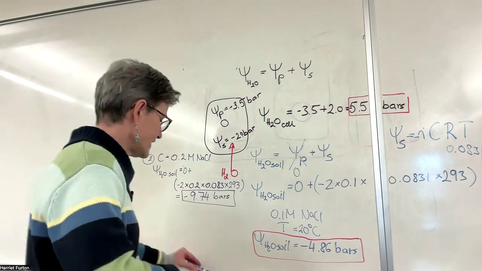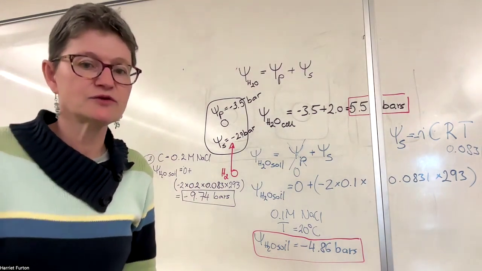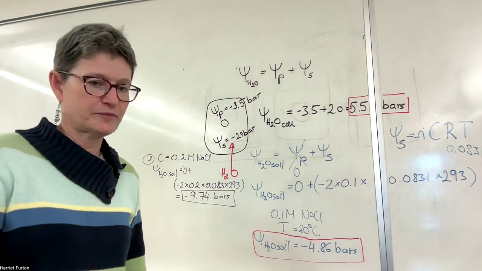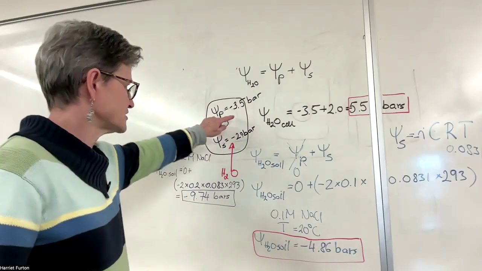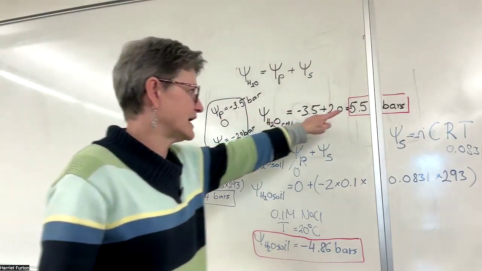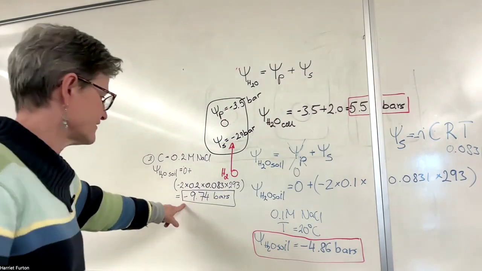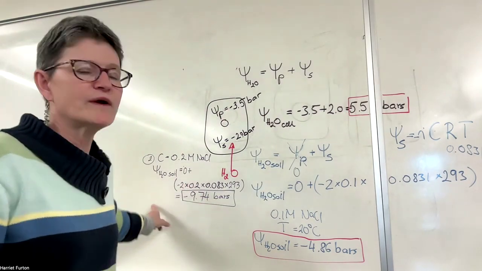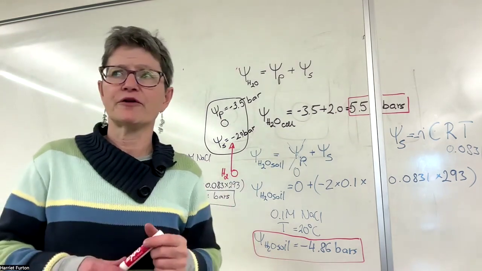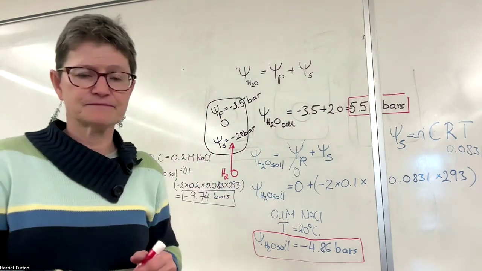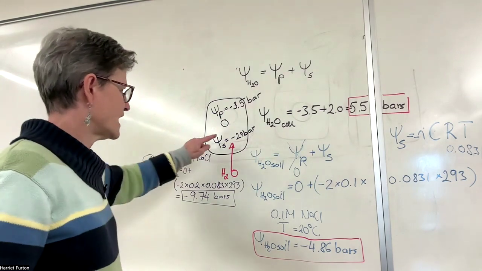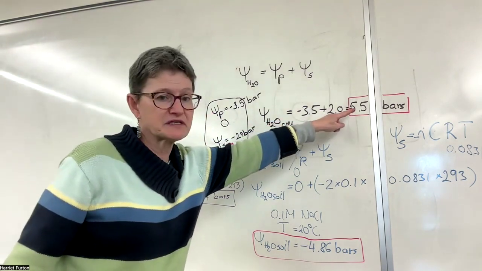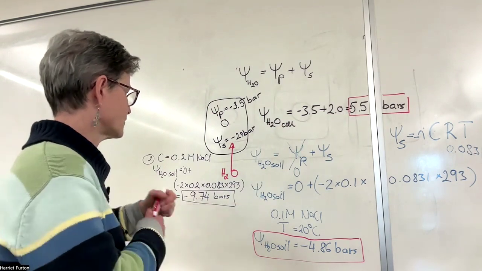Now, water always moves from high to low water potential. So the water potential of the cell is minus 5.5, and I have minus 9.74 bars for the soil. Which way would the water go in that case? It moves from high. This is a higher number because we are negative, and this is a very low number.